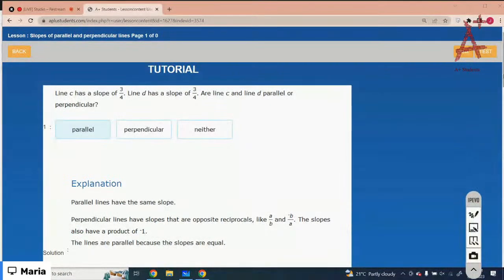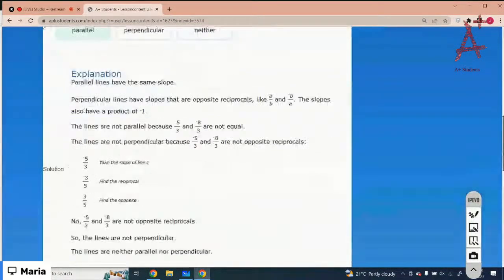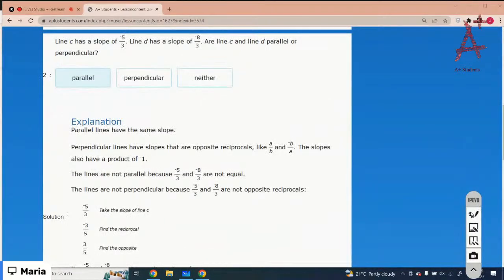Okay, let's do another example. Line C has a slope of negative 5 over 3 and line D has a slope of negative 8 over 3. Are lines C and D parallel or perpendicular? So you are given the slopes of the lines. You need to see if they are parallel or perpendicular. They are not the same.